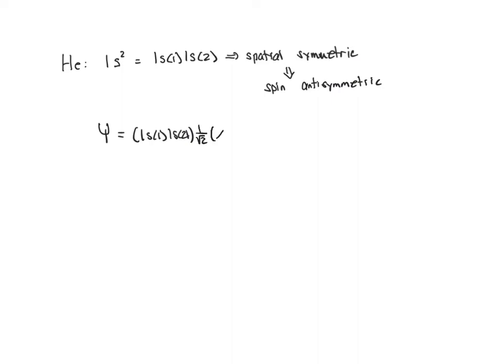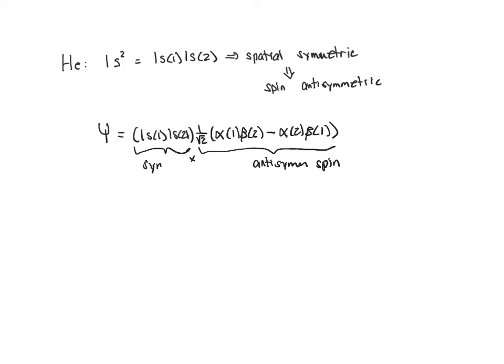The only choice we have for the anti-symmetric spin wave function is alpha 1, beta 2, first electron spin up, second electron spin down, minus second electron spin up, first electron spin down. That's the only possibility for an anti-symmetric spin wave function, and we have to have anti-symmetric spin with symmetric space in order for our whole wave function to be anti-symmetric.